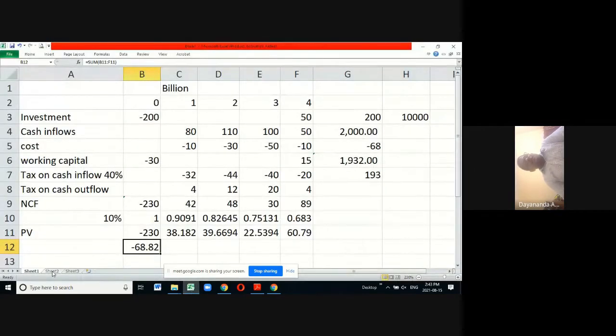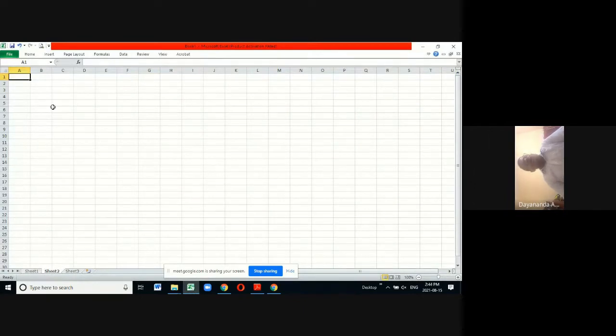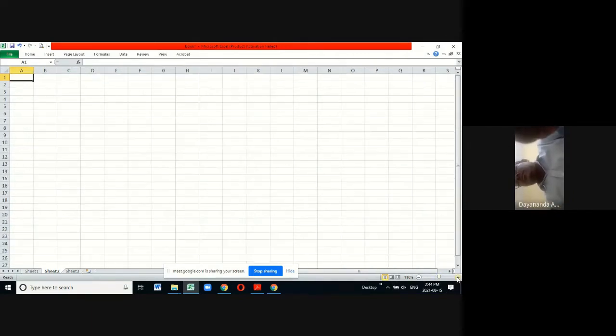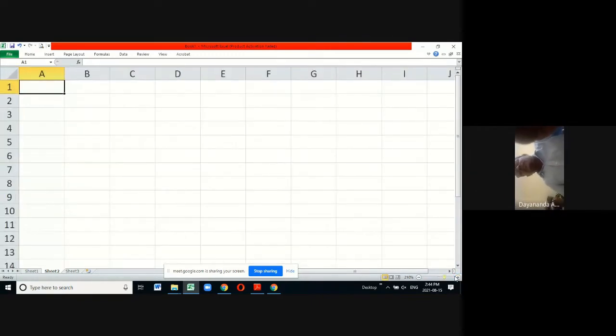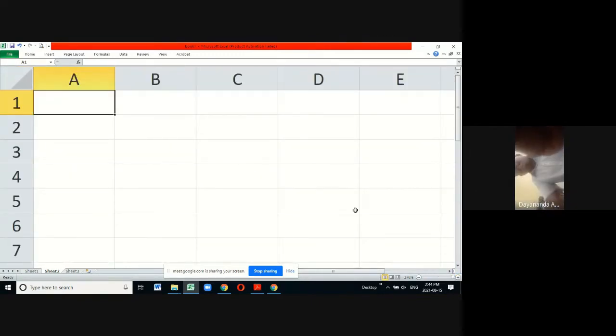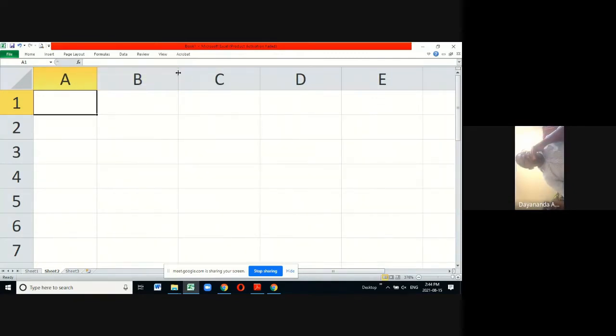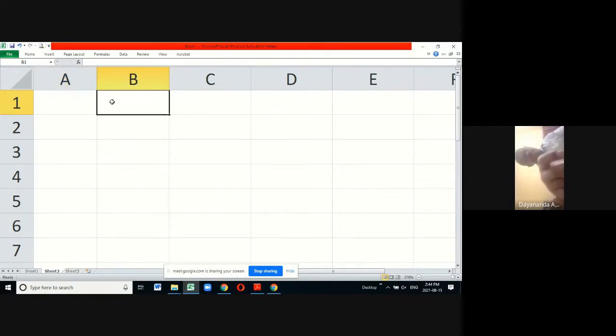Something like this. Suppose you are having a particular product, say product A, you are selling the product A, whether it may be a service even. Your selling price would be, say, 100 rupees per unit.